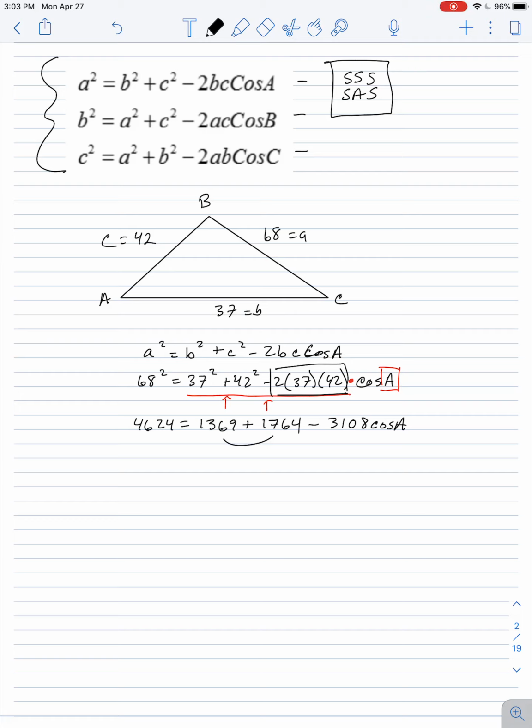I am not going to subtract the 3108. That would be a violation of the order of operations. So all I'm doing is adding the first two numbers, and I'm getting 3133.